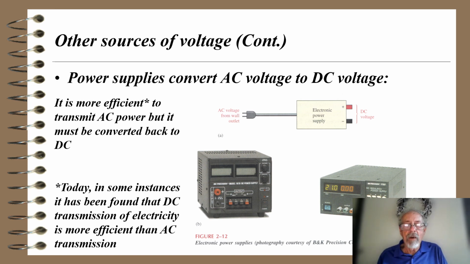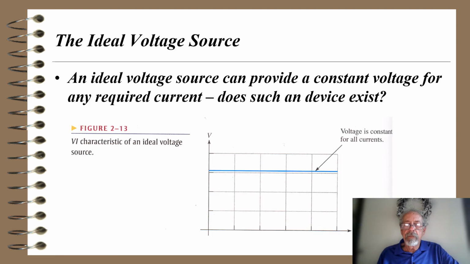I show you a couple of power supplies there at the bottom, and today in some instances it's been found that DC transmission of electricity is more efficient than AC transmission. So it turns out after over 100 years of transmitting AC, now we're going back in some instances to DC, again being more efficient. But usually, you plug an electronic power supply into the wall, and these power supplies I show here can give you whatever voltage you want on the output. You can set the output voltage.